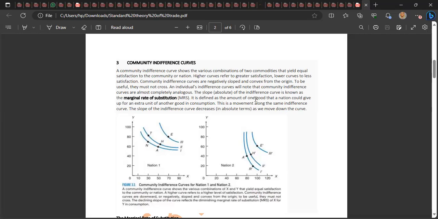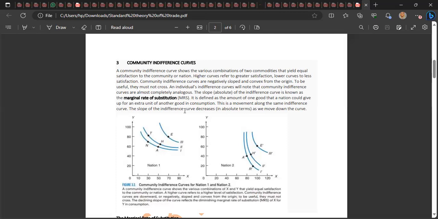And then there's the marginal rate of substitution, which is defined as the amount of one good that a nation could give up for an extra unit of another good in consumption. We are dealing again with consumption.